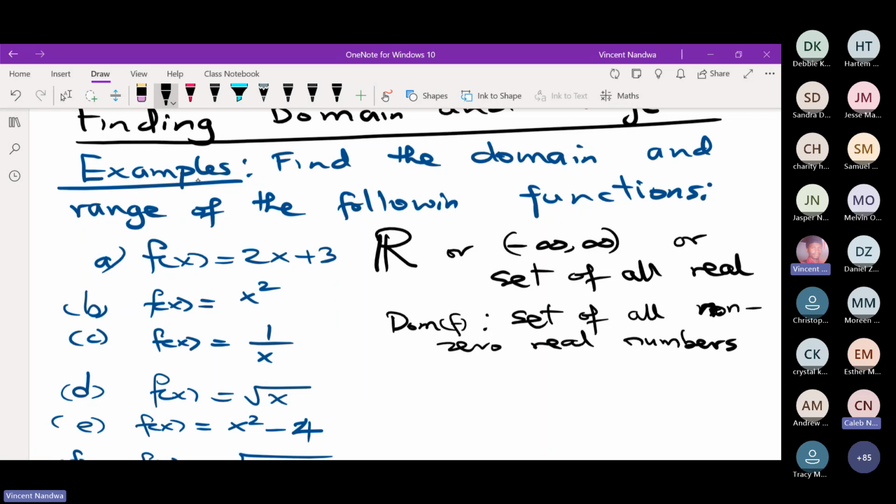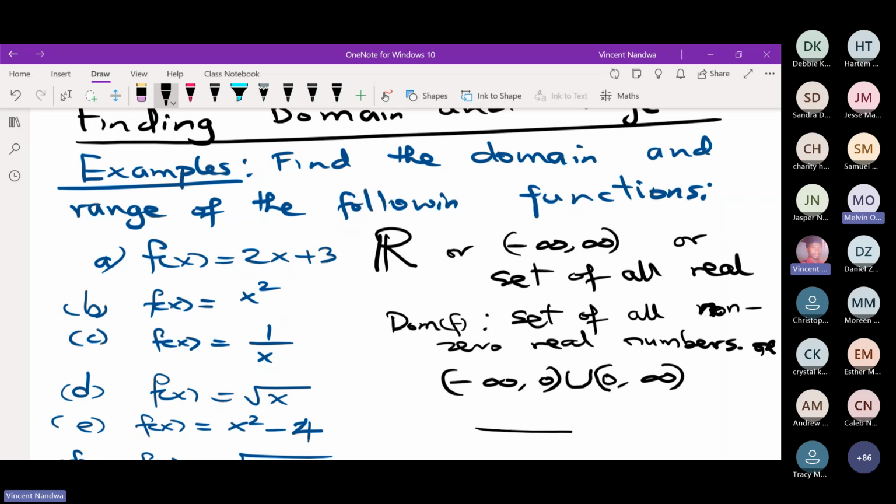Or if you don't want to write this, you can just say from minus infinity to 0, union 0 to infinity, and use this kind of bracket to show that 0 is not part of the set.